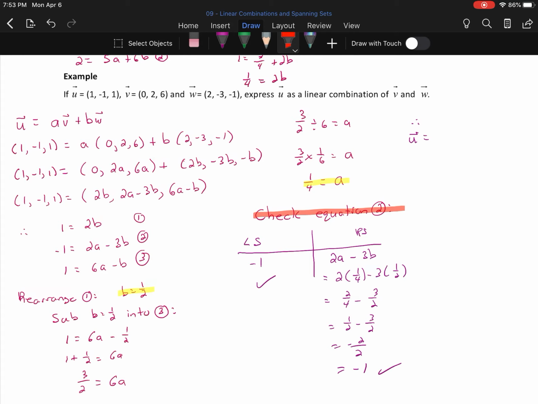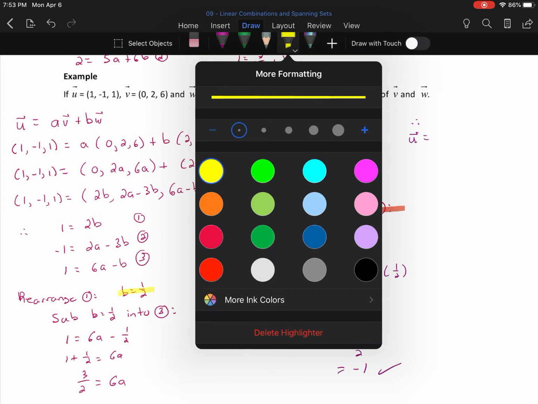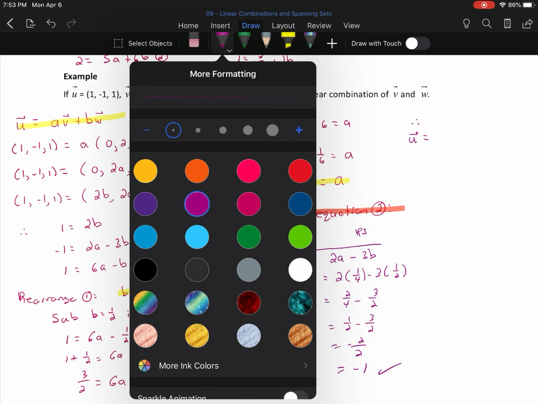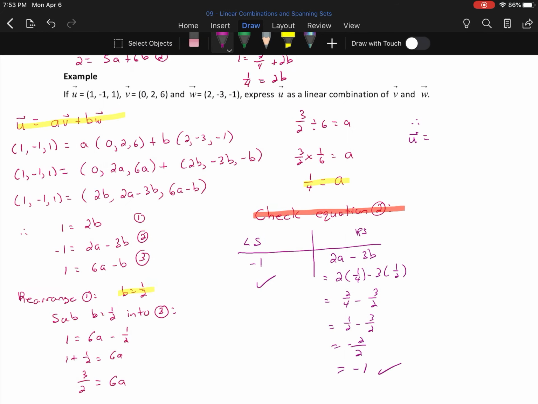So therefore, u equals, what did I say originally? It was way back here. I set it up way back here. u equals av plus bw. I got in this purple color, but I'm loving it here. a, which was 1/4 of the v's, plus b, which I found was 1/2.